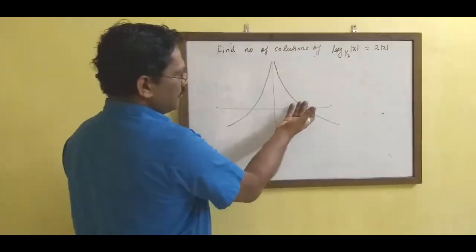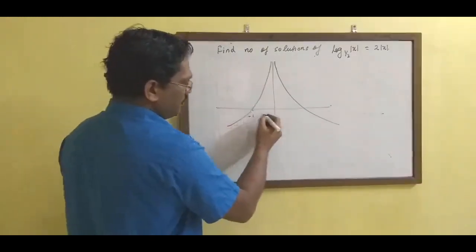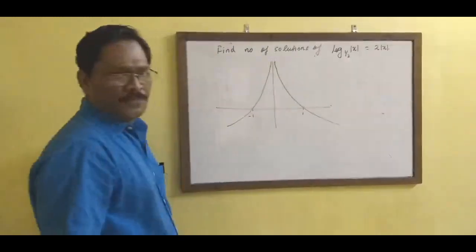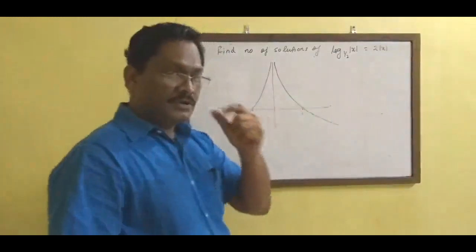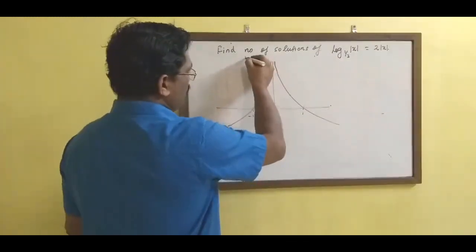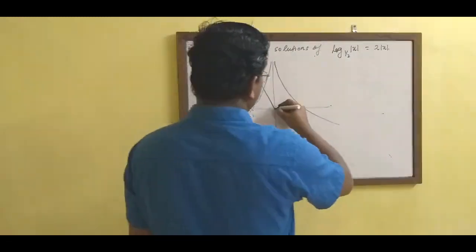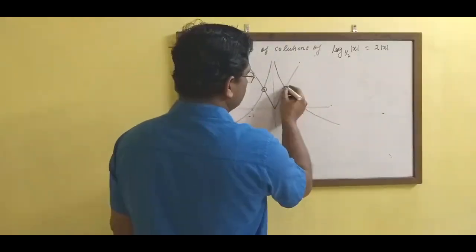Now, if I want to draw log mod x, I have taken mirror image of this part. This point will be minus 1, this point will be 1. Now, mod x has got the typical V-shaped graph starting from origin. So, 2 times of mod x, that means it will be slightly steeper, that is, its slope will increase.